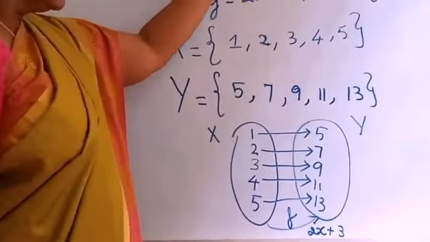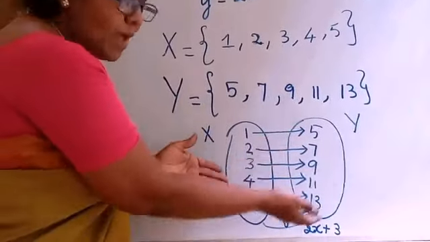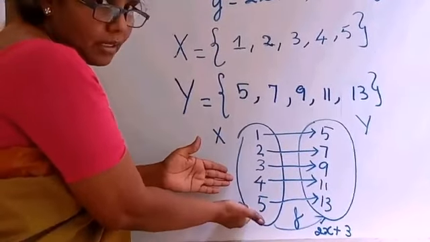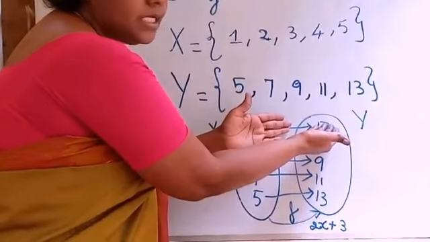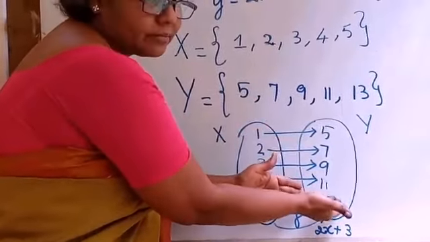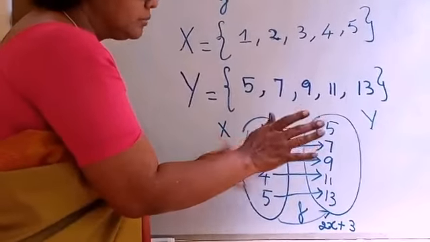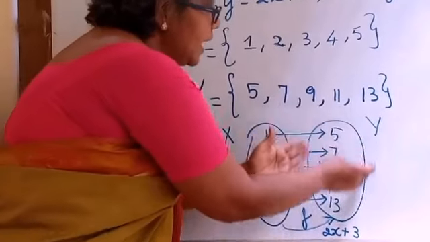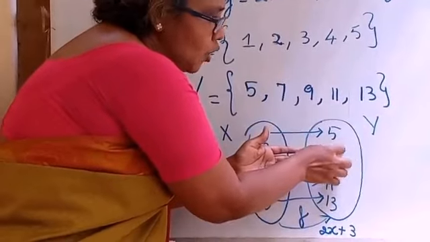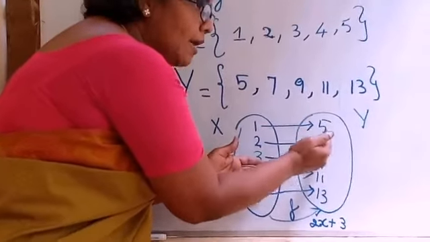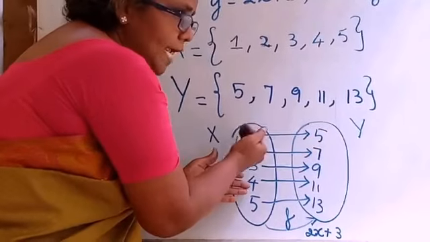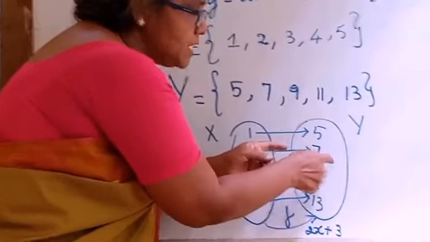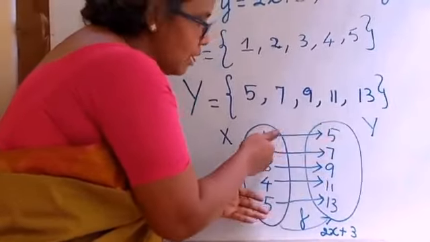So let's check based on one-to-one. Is this mapping a one-to-one mapping? Yes. Distinct elements in the domain have distinct images in the codomain. So it is one-to-one. Let's check whether it is onto. According to an onto function, every element in the codomain should have a pre-image in the domain, or otherwise there should be no elements in the codomain that do not have a pre-image.